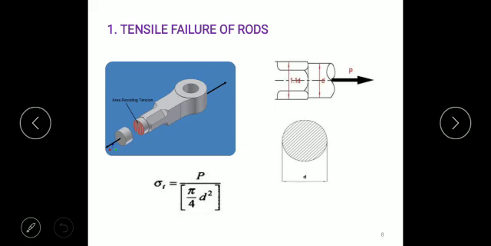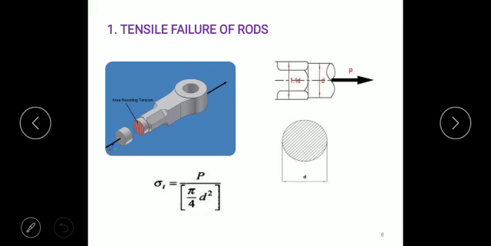Once we assume these standard proportions, then by using the different design equations we can either confirm these dimensions or perform a design check for safety, so that we can say the dimensions we assumed from the standard proportion are safe for the given knuckle joint.